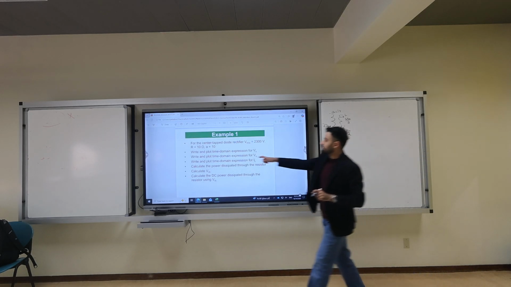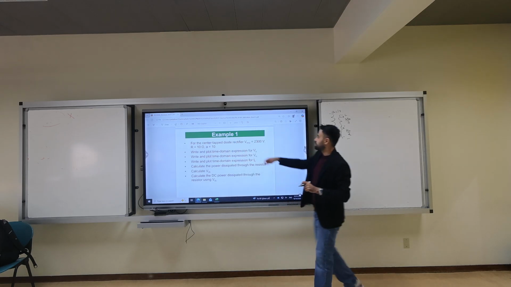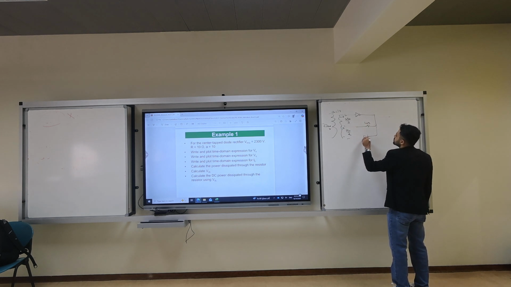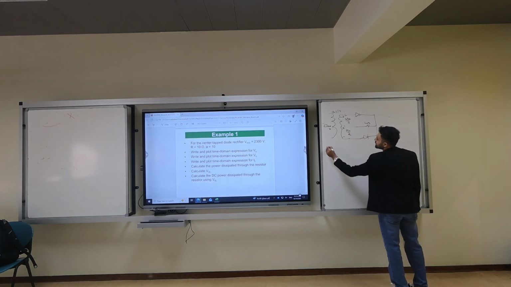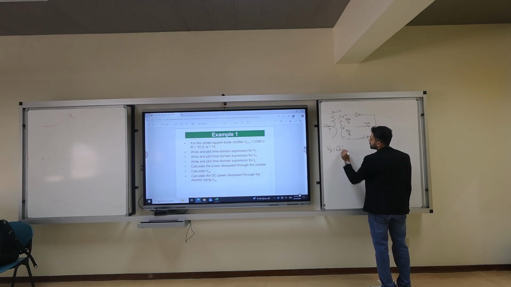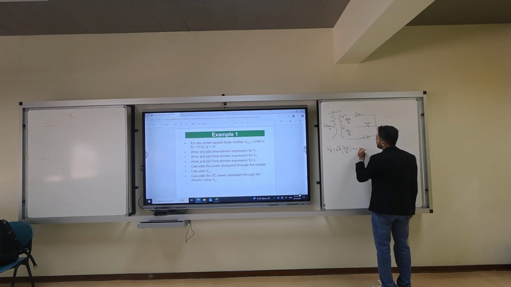So, write and plot the time domain expression for Vs. Of course here we have diode 1, we have a resistor 10 ohm, we have diode 2. So what is Vs? Vs is the square root of 2 times 230 over 2 sine omega t.